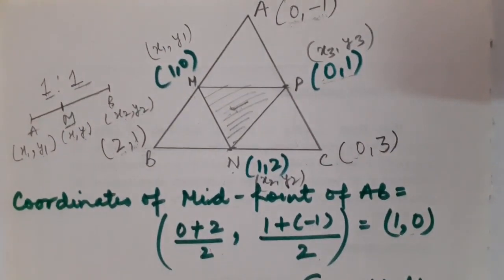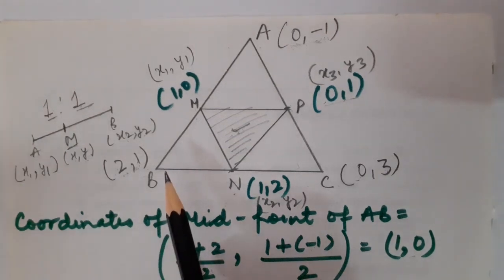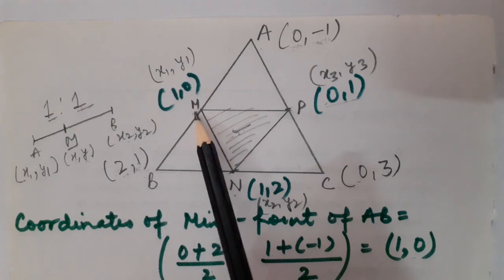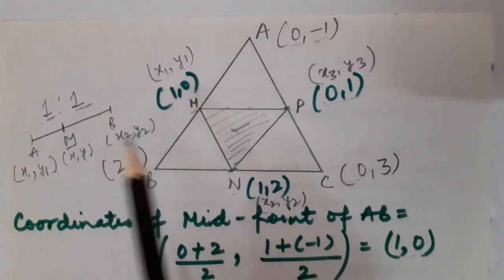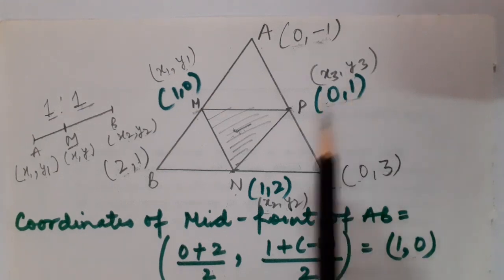Now children, you know the formula for the area of a triangle. I have just made you recall. In that I require x1, y2, y3, x2, y3, y1. So I am going to assume the coordinates of M are x1, y1, N are x2, y2 and P are x3, y3. Fine.